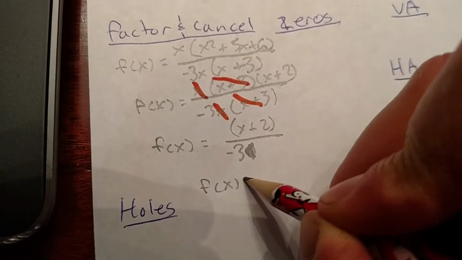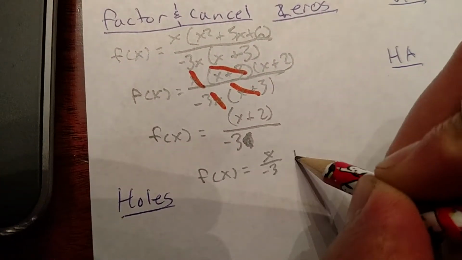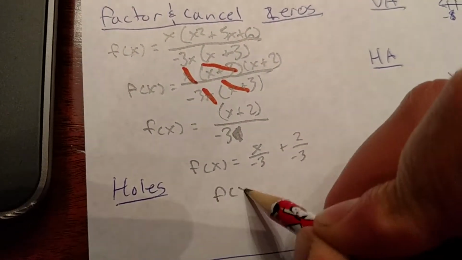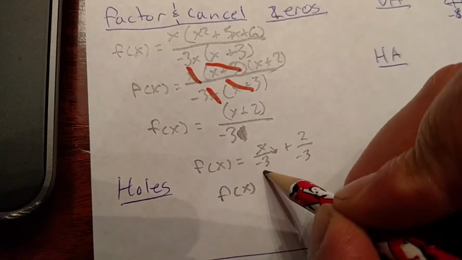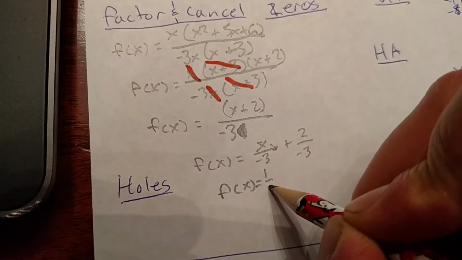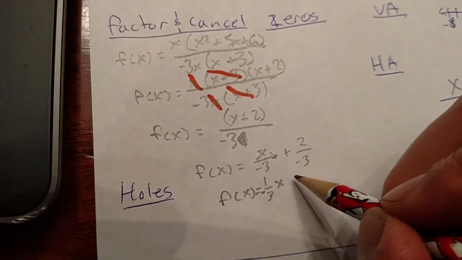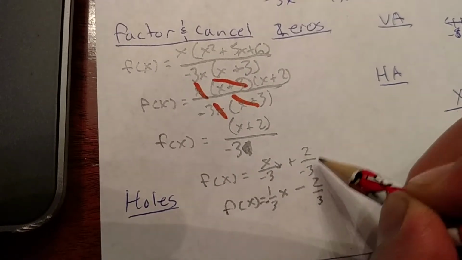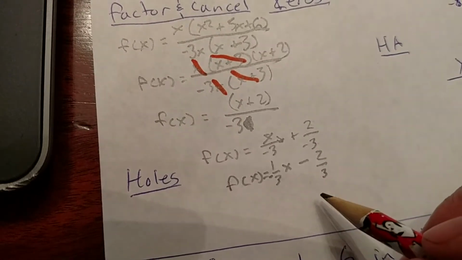I'm going to split them, and that's basically, I can move the x out. Now it's just -1/3 x minus 2/3, because a positive divided by a negative is a negative. So -1/3 x minus 2/3.